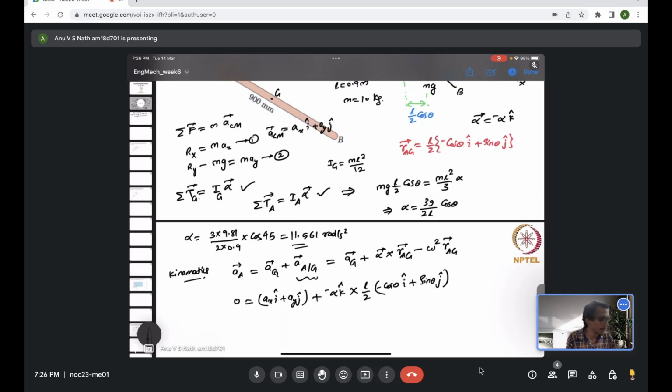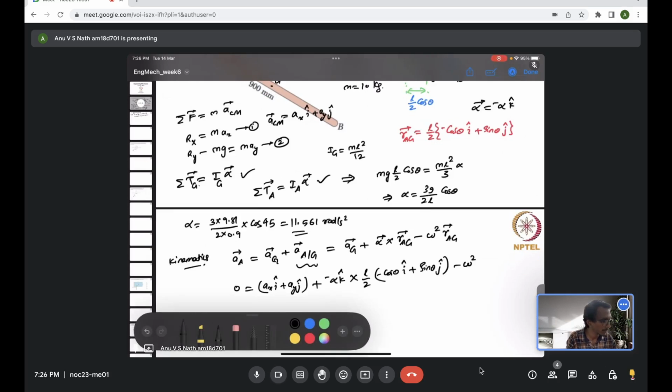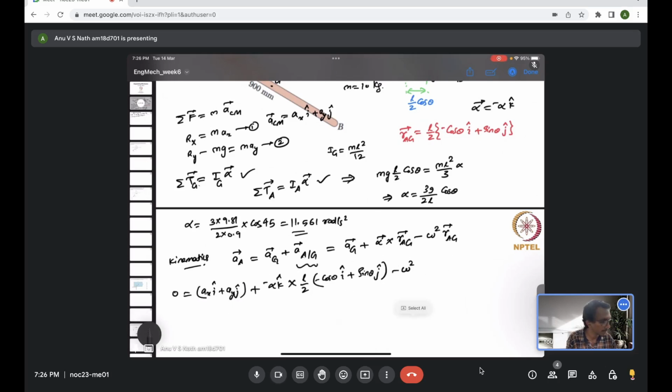Okay, so we have written the second term. Now the final term is minus omega square, again RAG vector, the same vector, but now there is no cross product, it's direct multiplication.